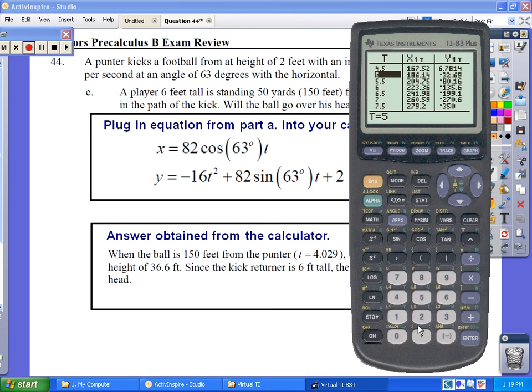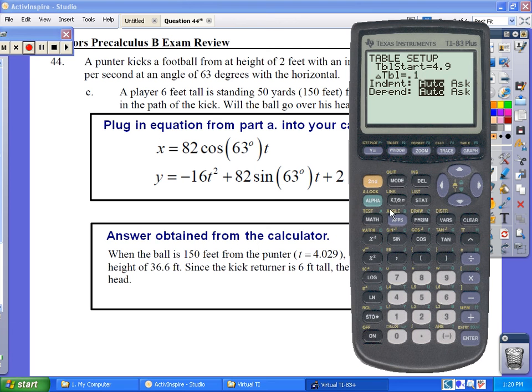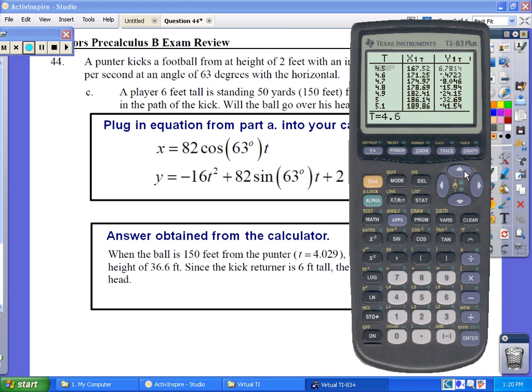Second table setup. Let's go to like 4.9 and make this 0.1, and go to second table, and we're just going to scroll for a couple seconds, and we see that, let's see here, 150 feet away. I'm looking for 150, and they want 3 decimal places.